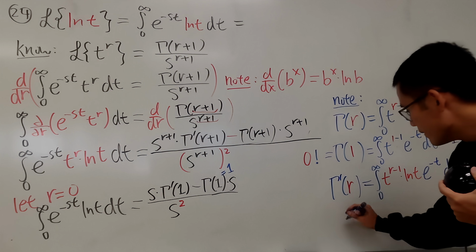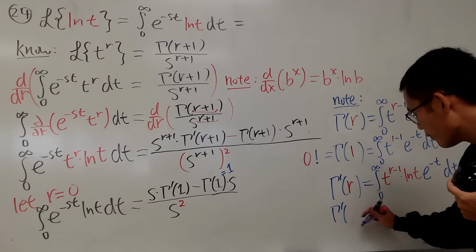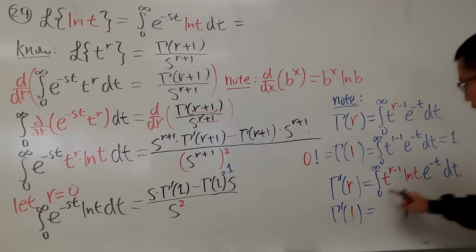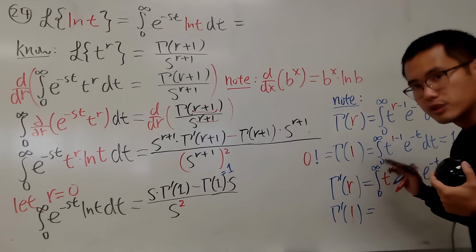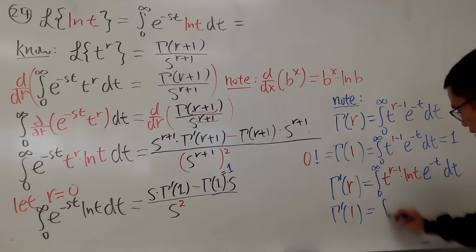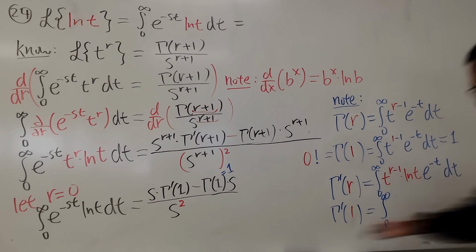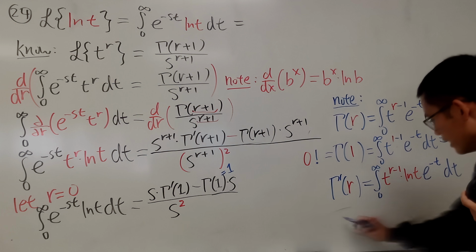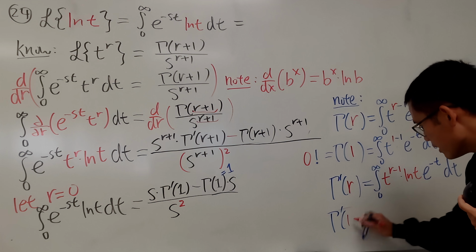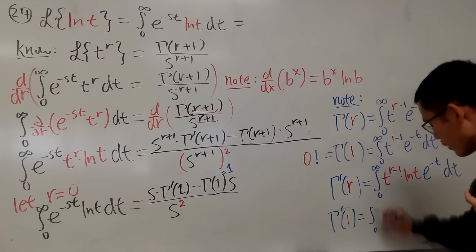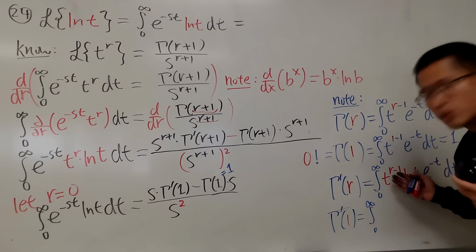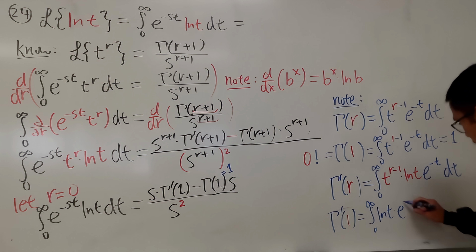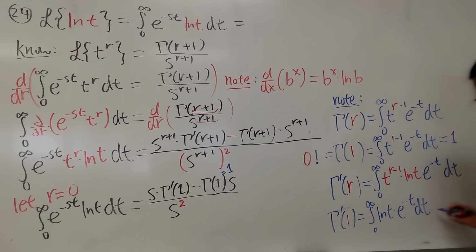So if you have the gamma prime of 1 when r is equal to 1, put a 1 in here, t to the 0 is just 1, so it's nothing there. Gamma prime of 1 is the integral going from 0 to infinity of ln t times e to the negative t dt.